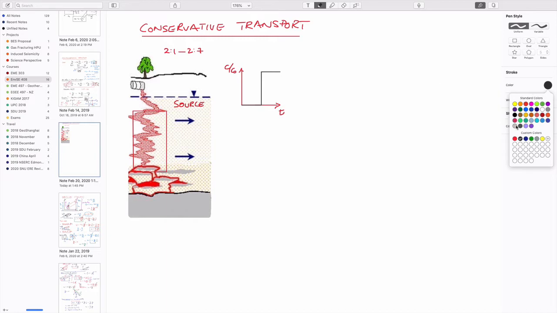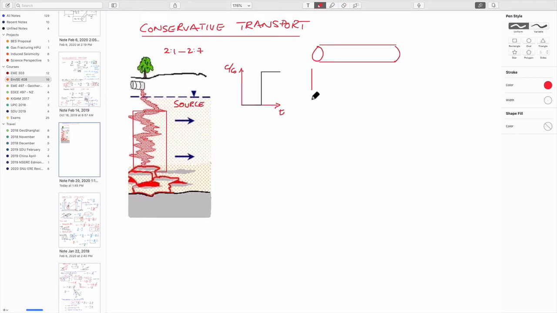If you look at the behavior along a core, it might look like this in terms of spatial distribution. So this is X along the core, and again, relative concentration. And the final one would be the RTD curve, the residence time distribution curve: concentration over initial concentration, against time.